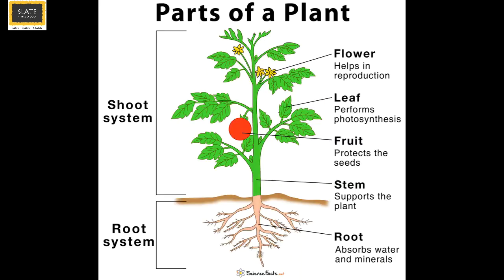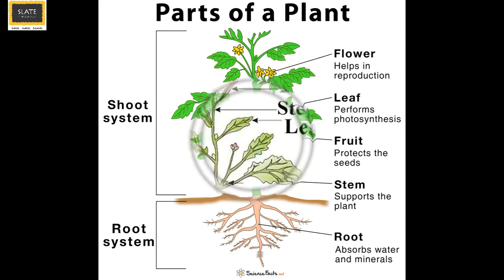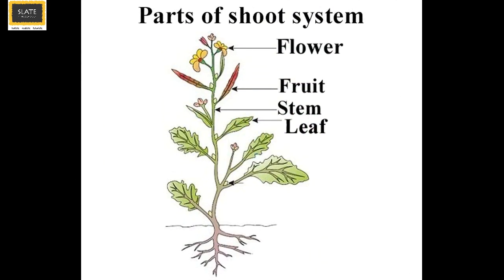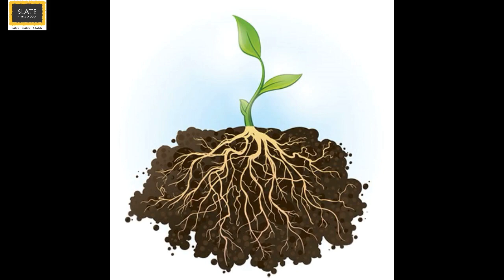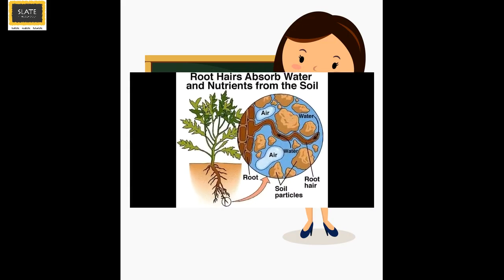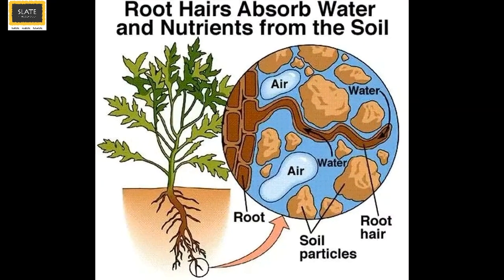We learned that a plant consists of a root system and a shoot system. Shoot system is found above the ground and consists of stem, leaves, buds, fruits and flowers. Root system contains the roots. We also understood that root system helps in absorbing water and nutrients from the soil.